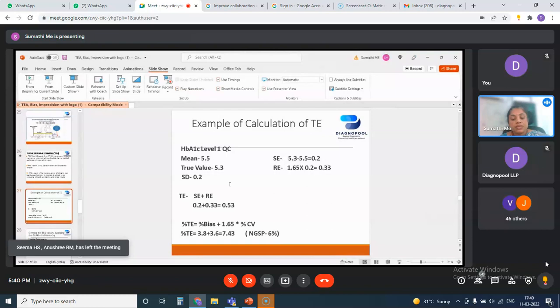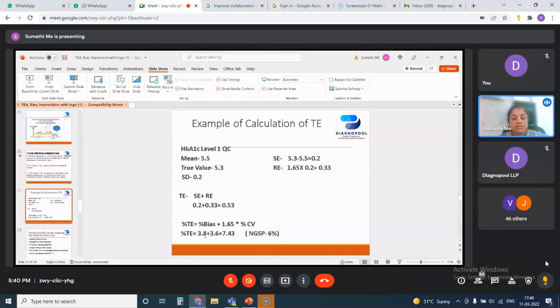Some of the guidelines given by CLIA and NGSP define this TE in terms of percentage. So for that we need to calculate percentage total error. That means percentage bias plus 1.65 times percentage CV. Bias is nothing but observed value minus target value, divided by the true value, times 100.